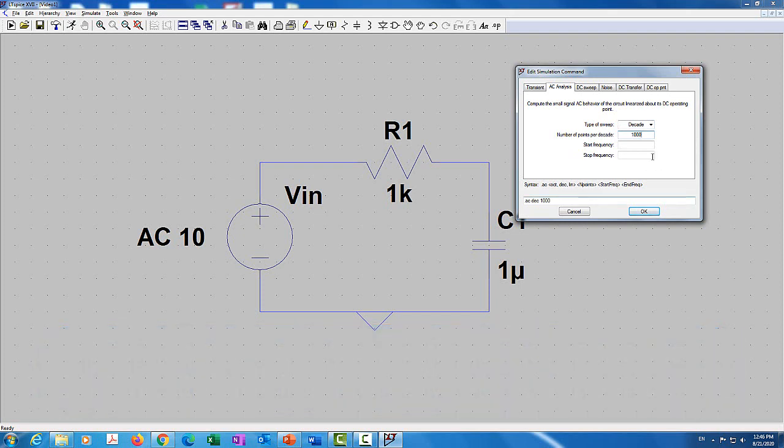Then you say what the start frequency is. I'm going to start from 1 Hertz, so I can write 1 like that, or 1 Hz with no space. And then I'm going to stop at 1 meg. For meg, you can write it as capital M-E-G or small m-e-g; it's those three letters.